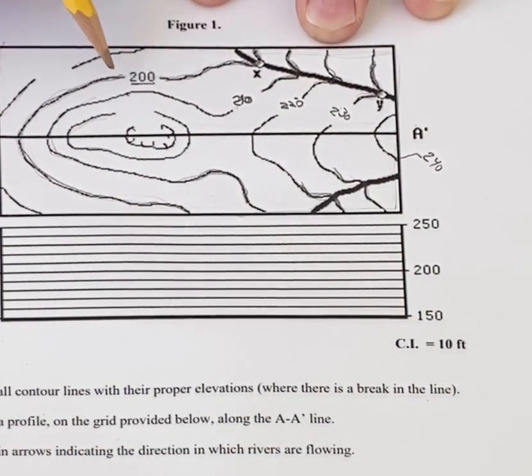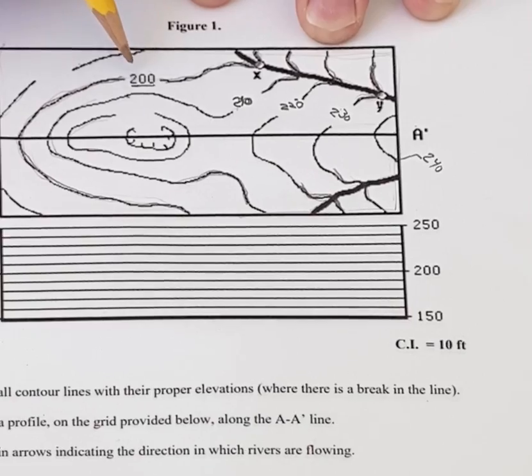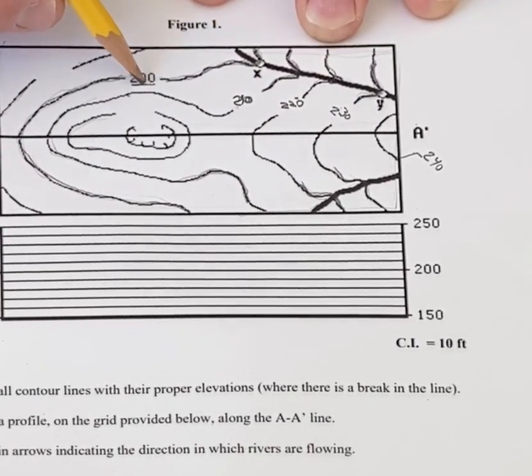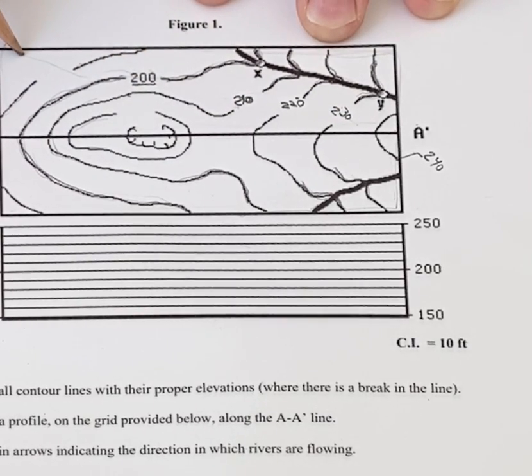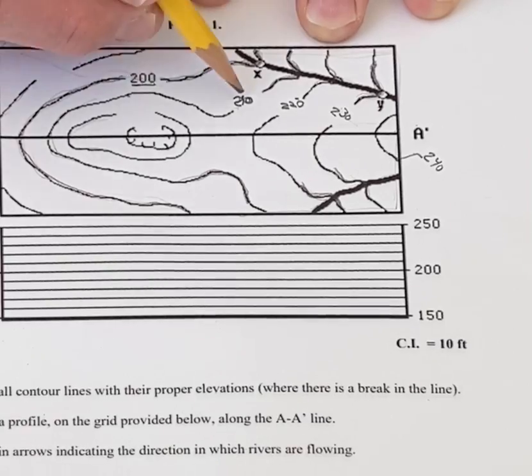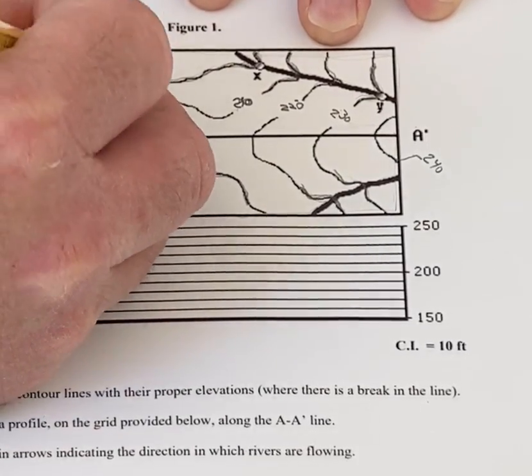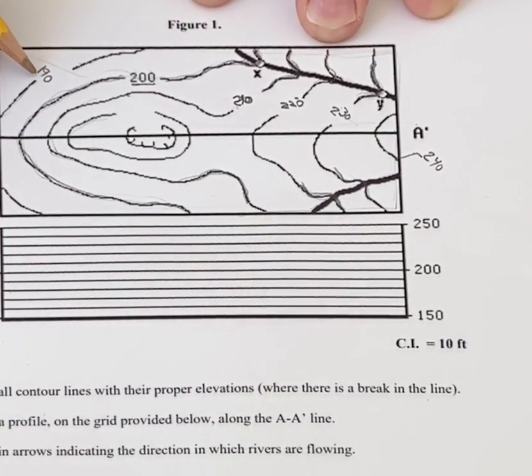So if this is 200 feet, this is 210, 220, 230, 240, this is going up, this must be coming down. So if this is 200 and this is 210, then this must be 190 feet.